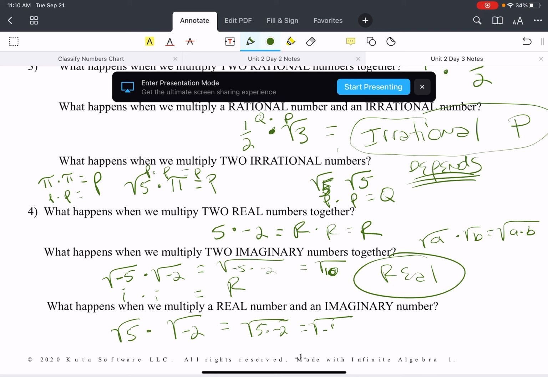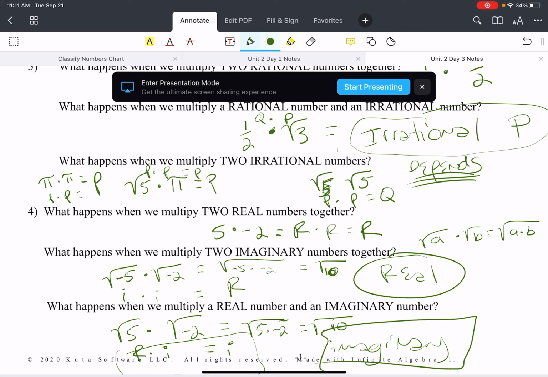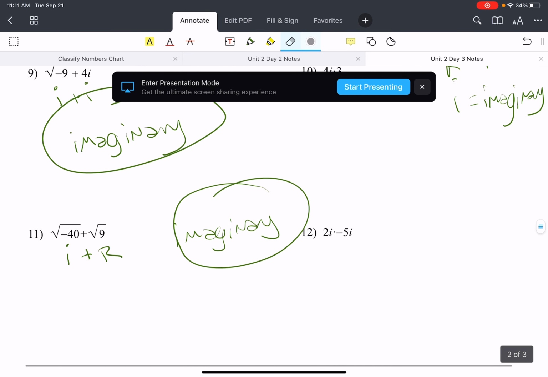So a real number times an imaginary number gives me an imaginary number. So 2 reals multiplied together is a real. 2 imaginaries multiplied together is a real. And then a real times an imaginary is an imaginary. Good? Okay, so let's try the examples.